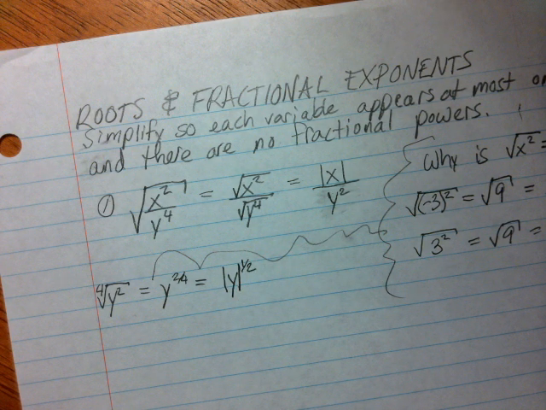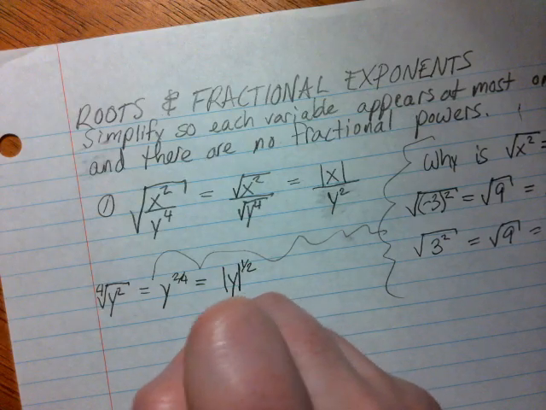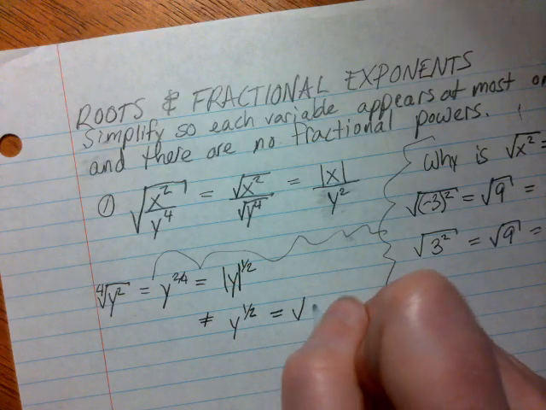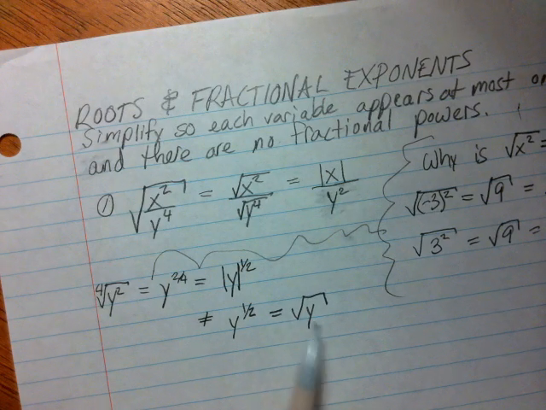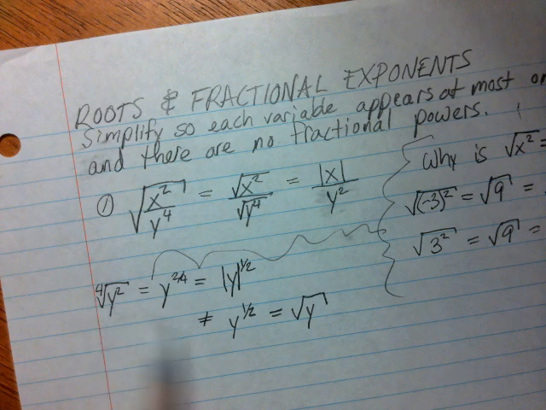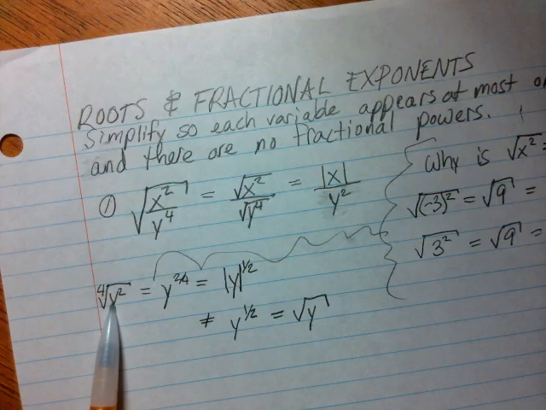If you just wrote it as y to the 1/2, then that's the same as the square root of y, but you can't plug in negative numbers to the square root. But back here, you could plug in negative numbers, right? So this can't be the same thing. If I was able to put in negative numbers before, and it's equal, then I should still be able to plug them in.